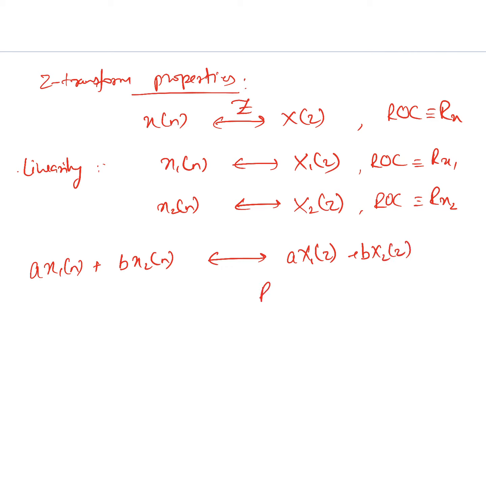And this ROC contains the region which is the intersection of both these regions, Rx1 and Rx2. So this operator is the set intersection operator.